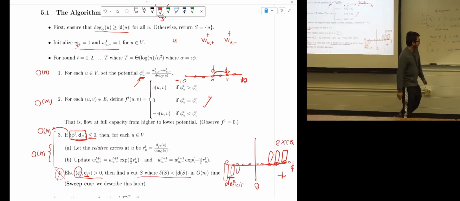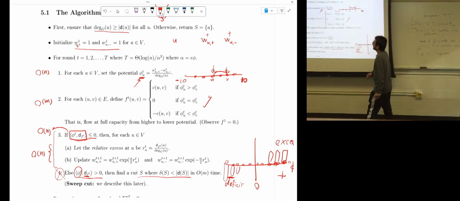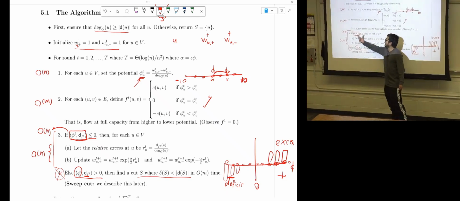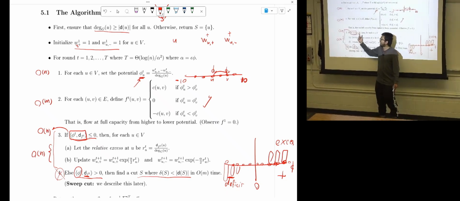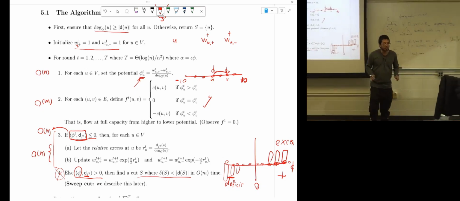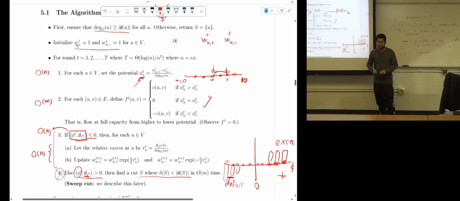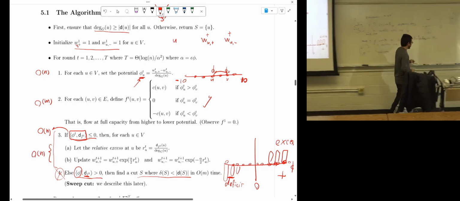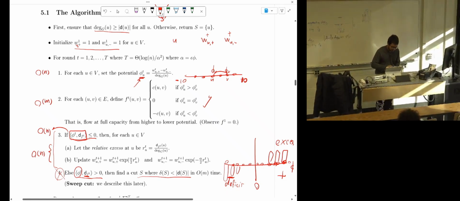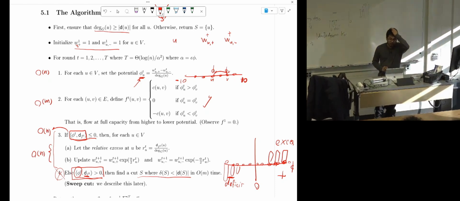Anyway, we proved last time that if in each round this inner product is less than 0, then you get the flow that you want, such that the residual demand, the excess, is small and can be routed with low congestion. So today we continue and see that if we get to this case, we can find a violating cut.